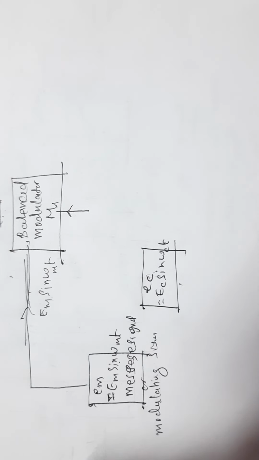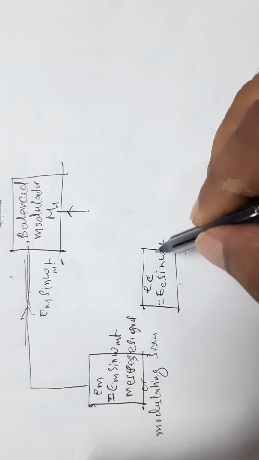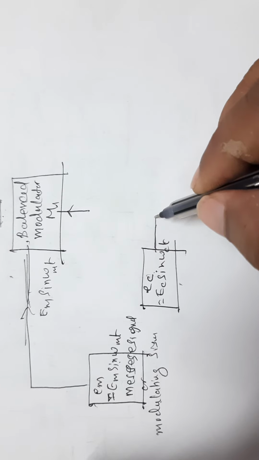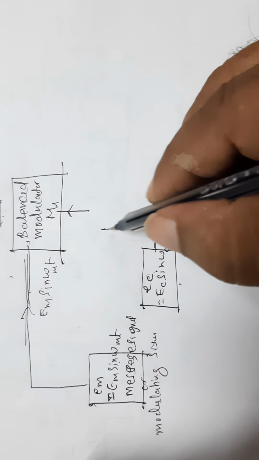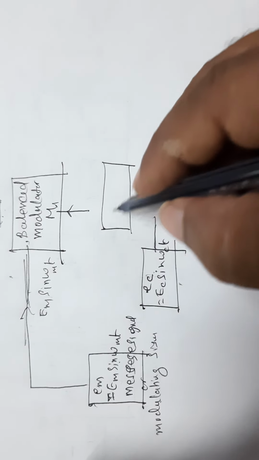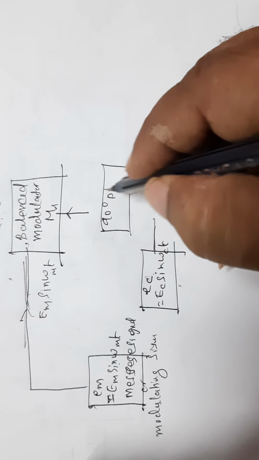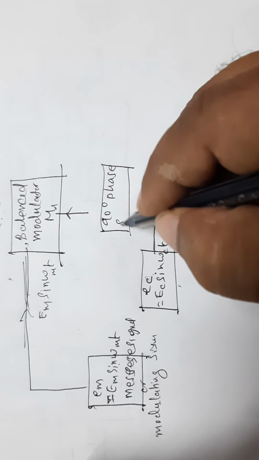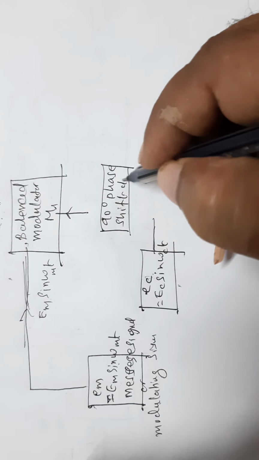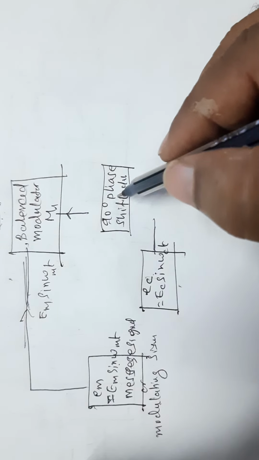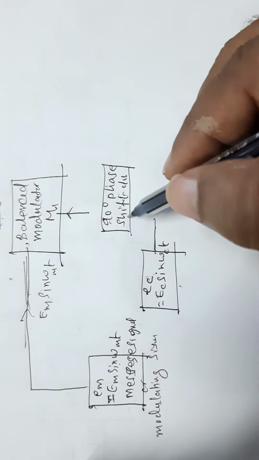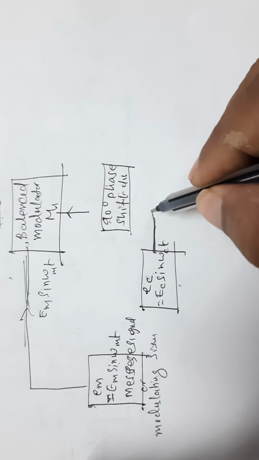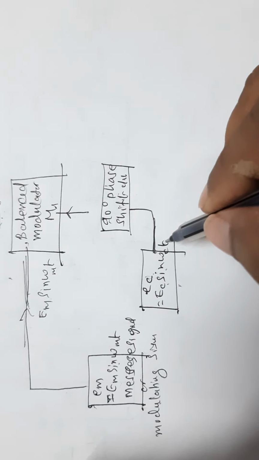Okay. Now I will apply this carrier signal to a phase shift circuit. It is a 90-degree phase shift circuit. This circuit will add 90 degrees to the incoming signal. The incoming signal to this is Ec sin omega ct.